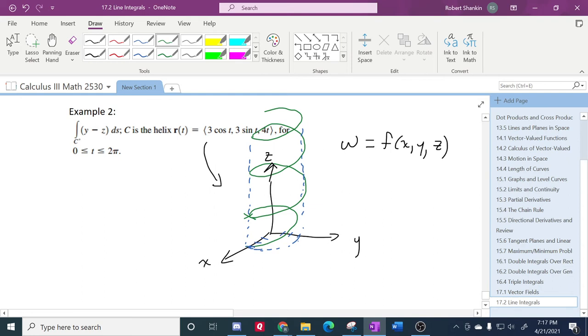If we replaced y minus z with 1, we would just get the arc length. And if you got the weighted arc length divided by the arc length, you would wind up with the average temperature along this curve. So there's a possible application. All right, so now we've got to do this problem.